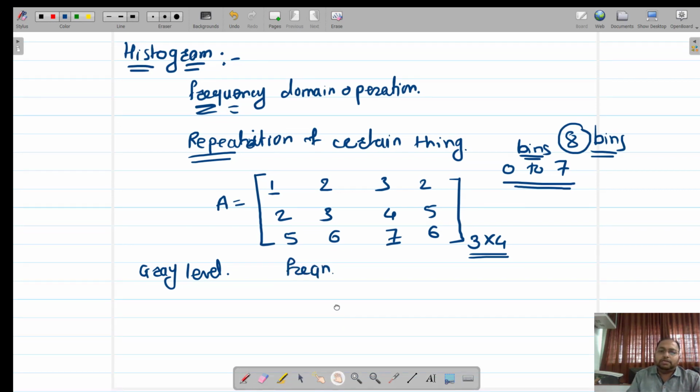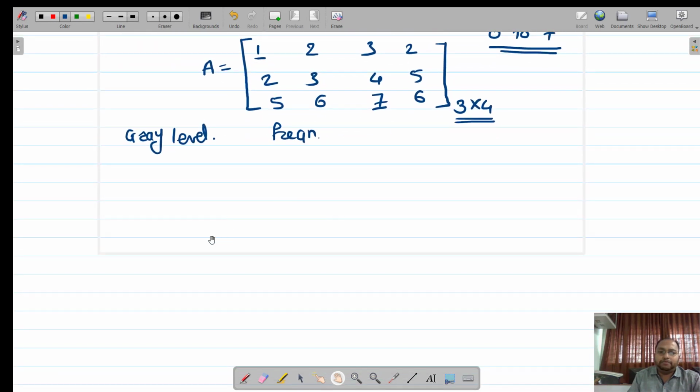Let us create this table now. Gray level 0, what is the frequency of 0? There are no 0 terms, so the frequency is 0. What is the frequency of occurrence of 1? 1 is present a single time. What about 2? 1, 2 and 3, so the frequency of 2 is 3.